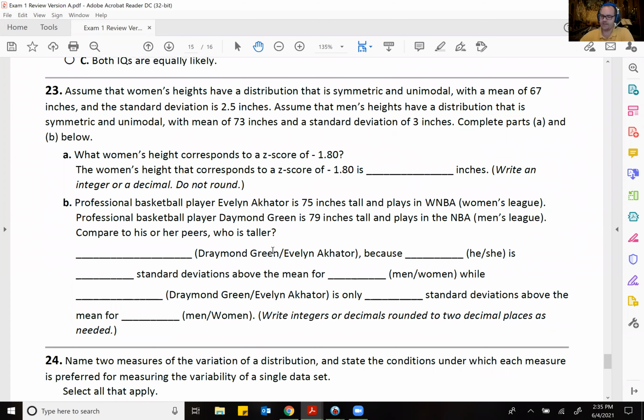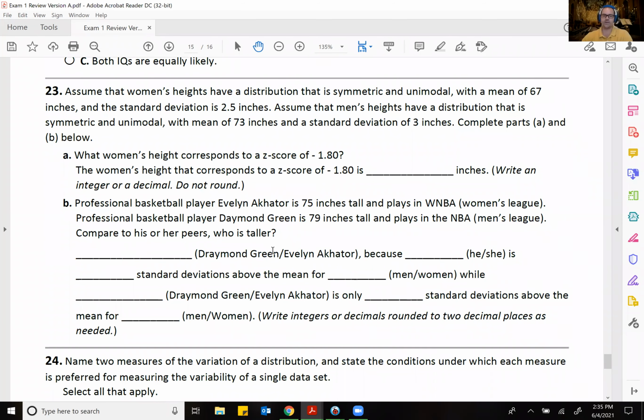All right, 23. Oh, I can see the finish line. So assume the heights of women have a distribution that is symmetric and unimodal. There is a mean of 67 with a standard deviation of 2.5 inches. So I've got an X bar of 67, and a standard deviation of 2.5.